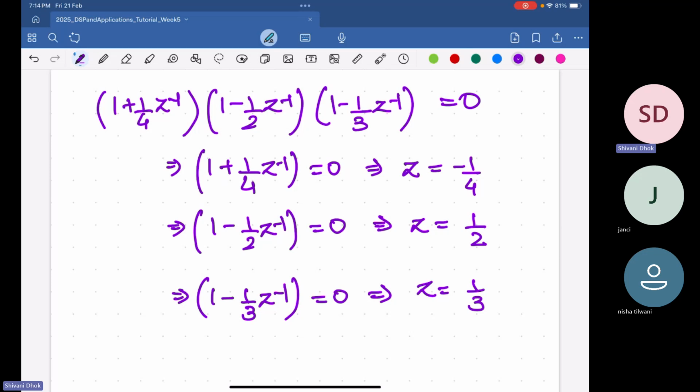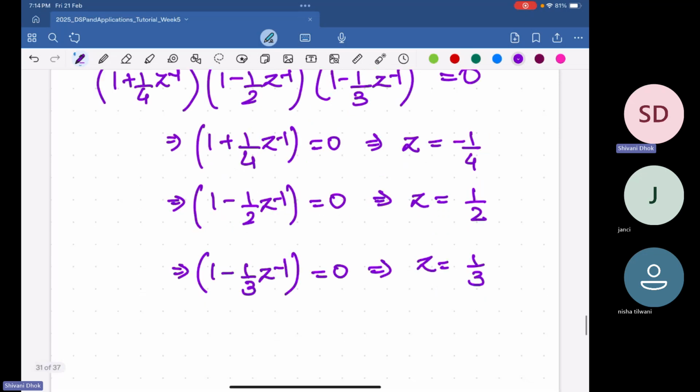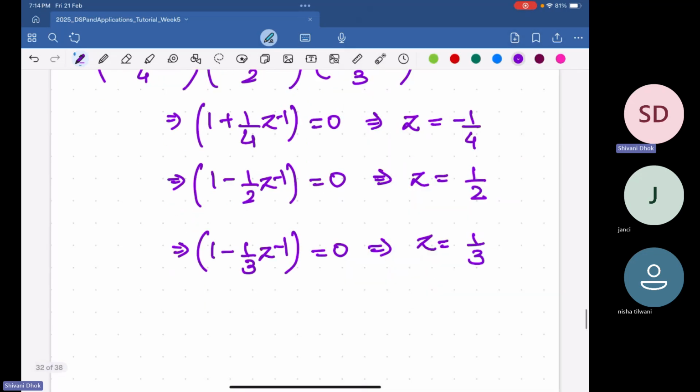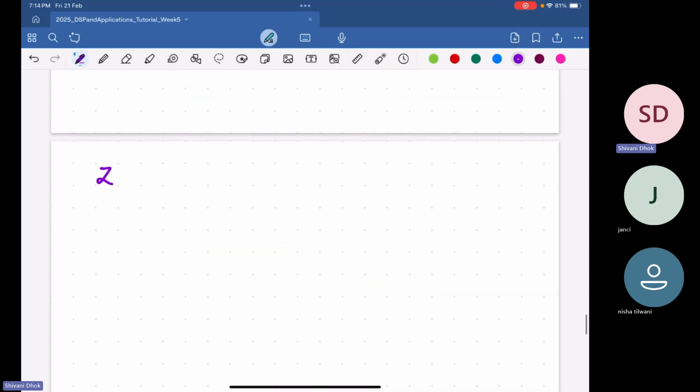Okay, so this is what we have here. So now let us plot this on a pole zero plot. We have zero at 1 by 4 and poles at minus 1 by 4, 1 by 2 and 1 by 3.